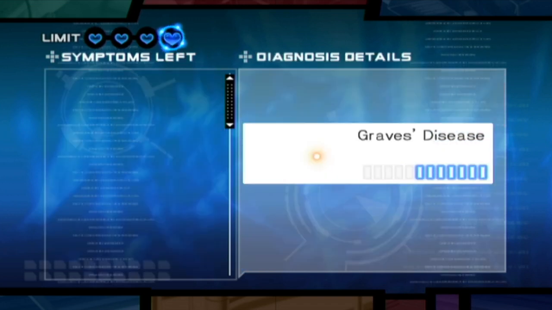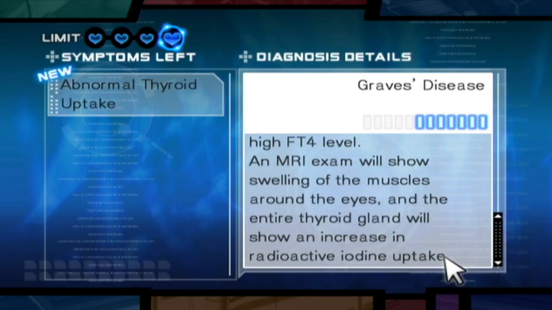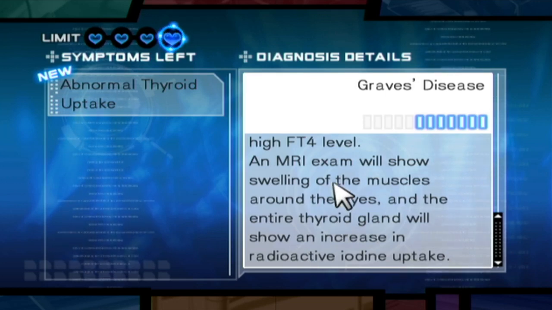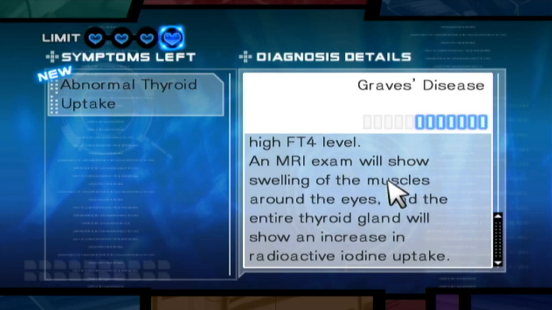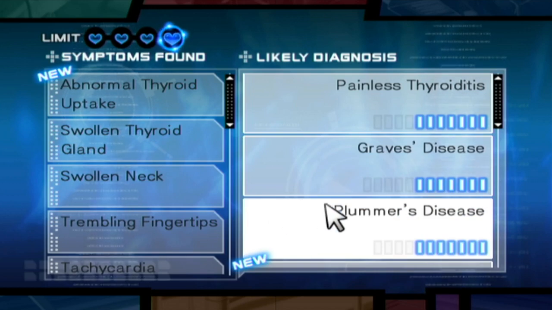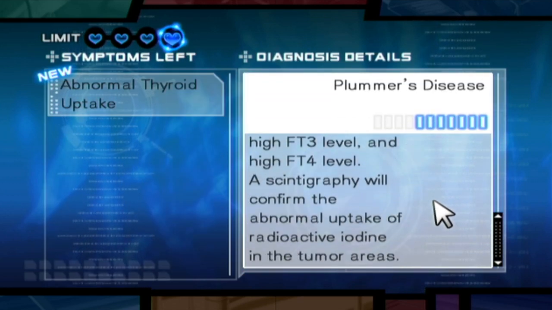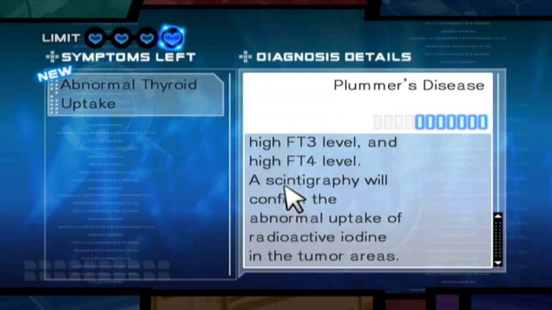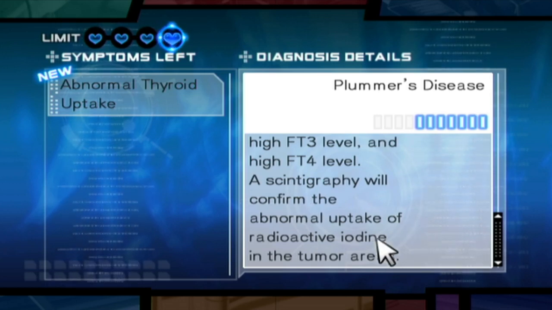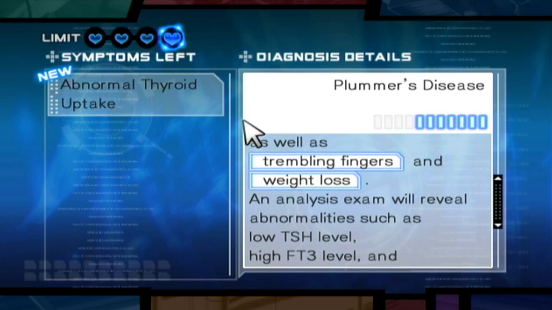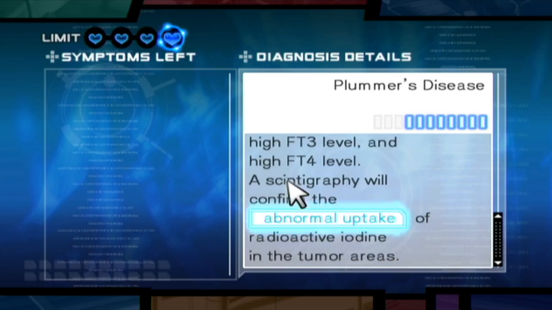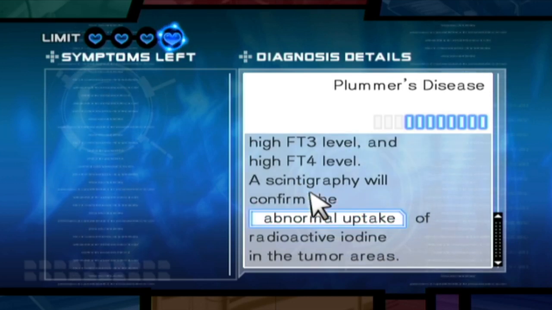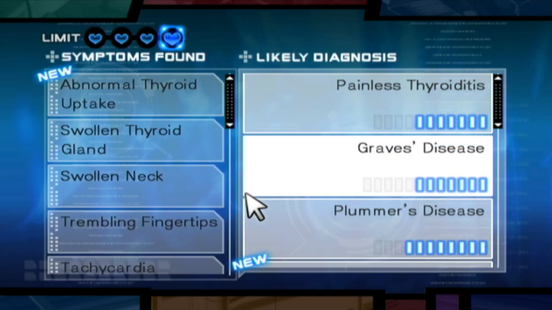Is it Graves? Let's look down and see. MRI will show swelling in the muscles. Well, we didn't see any of that in the MRI. So I'm going to go without reading any of that. Scintigraphy will show abnormal uptake. So this confirms everything, so it's probably going to be Plummer's disease. There we go.